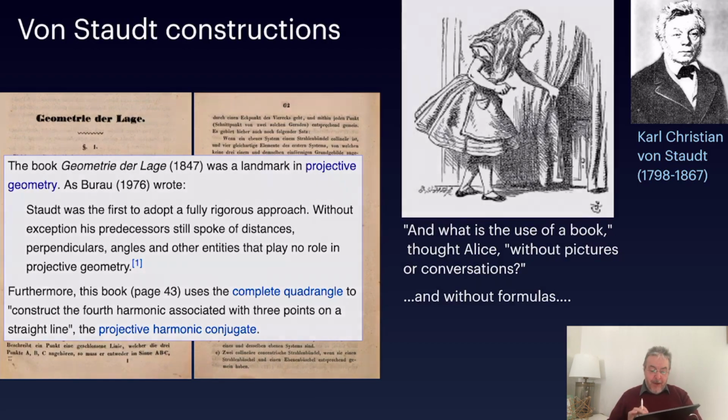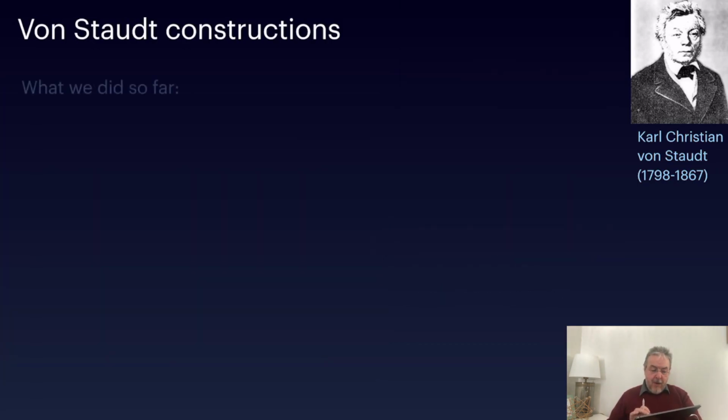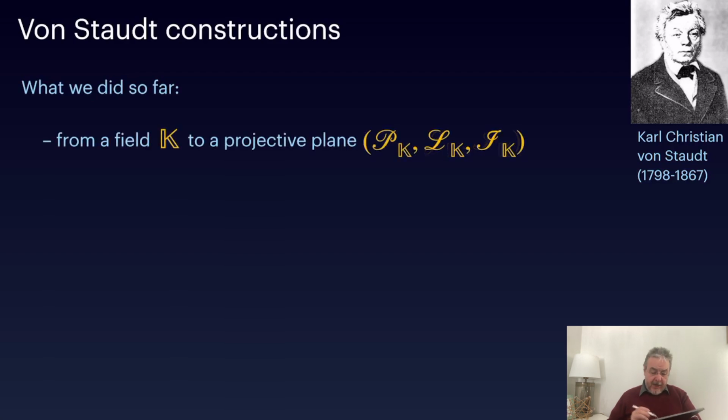So what have we done so far? We started essentially by taking our axioms, but one step further, we always said we start with a field, and from that field we can construct a projective geometry.